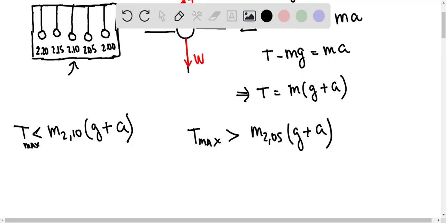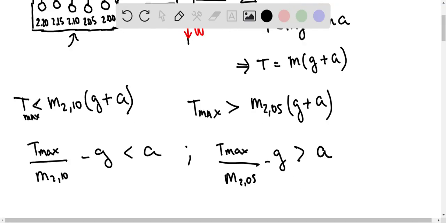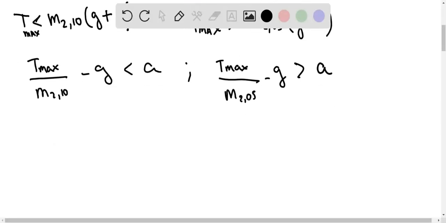So, solving for A in both of these conditions, and here we have, with these two inequalities, we can see that the value of A must be between these two expressions, so that the acceleration is between these two.